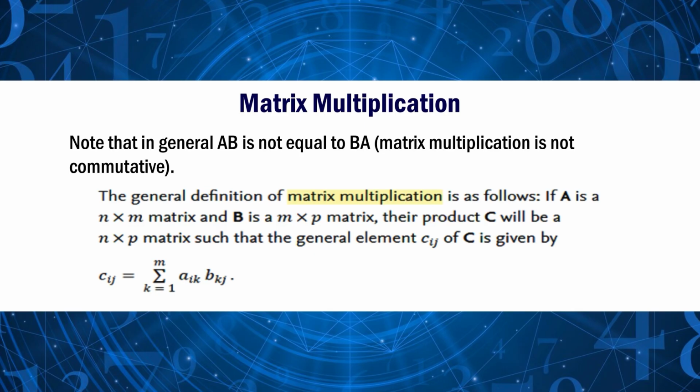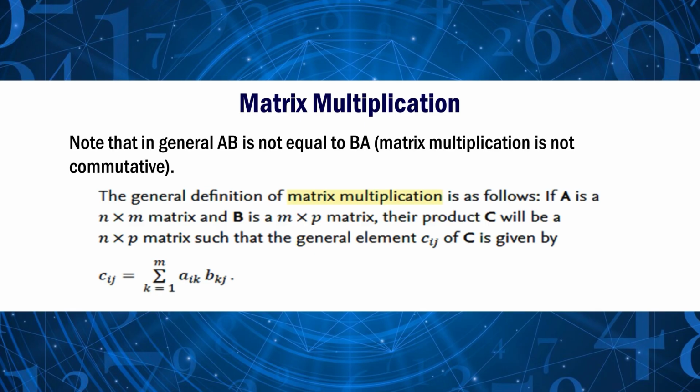If A is an n cross m matrix and B is an m cross p matrix, then their product C will be n cross p, because A and B have the number of columns equal to the number of rows. In general, the element Cij of the resultant matrix C is given by the summation over k equal to 1 to m of Aik into Bkj, where k is the common number of columns of the first matrix and rows of the second matrix.